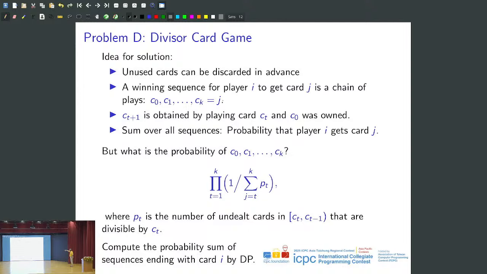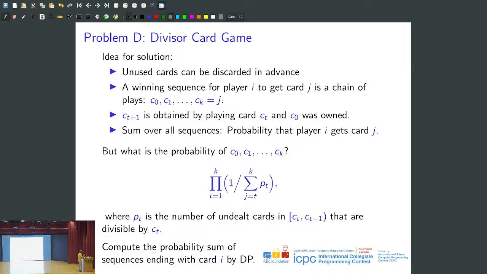One possibility is to obtain this formula for the probability that you have such a successful sequence. And then you have to add up all the probabilities. Because the expected value is of course linear, you can just add it up and you get the expected value of the number of cards.